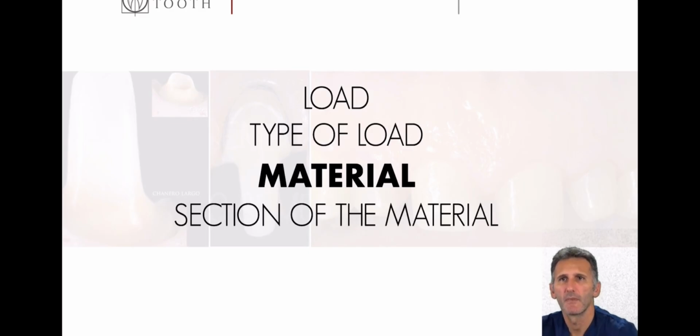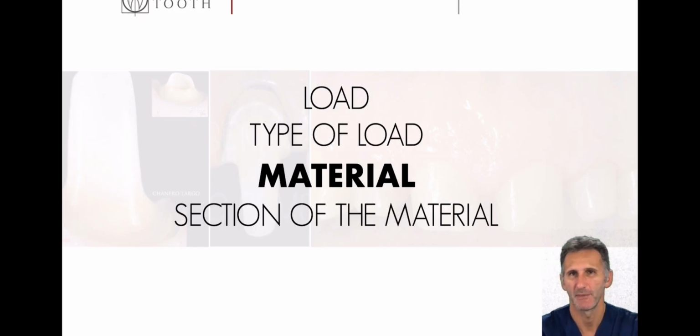Material. So once we have understood what the load and the type of load are, we have to understand the material, because when we deal with natural tooth, of course, we do not have many materials. Simplifying, we can say that we have enamel and dentin.